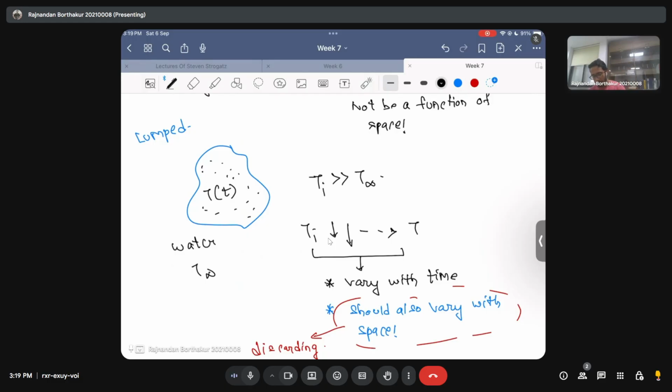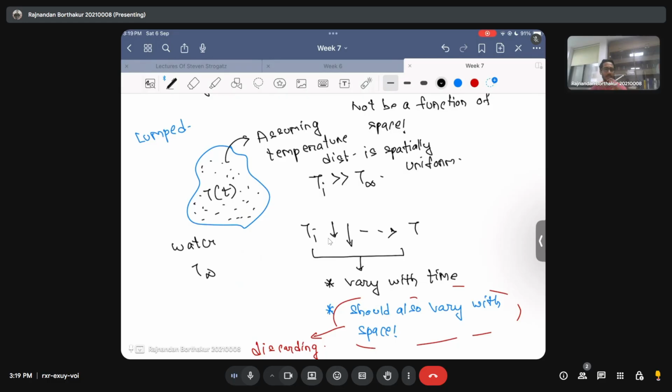That is, it is not a function of the coordinates, or it's not a function of the points in the body where we are looking at the temperature. Which means that, I'll write it down, you're assuming that your temperature distribution is spatially uniform.